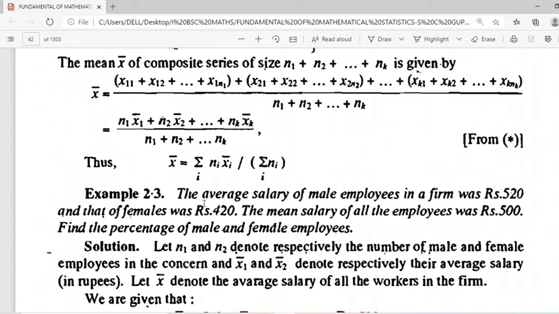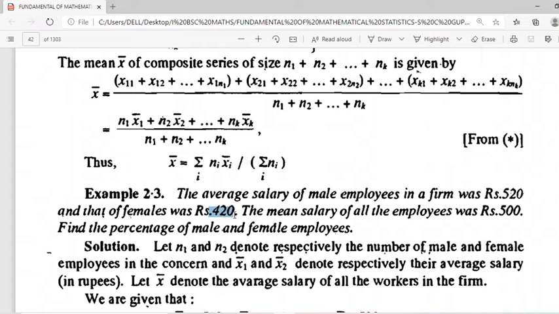The average salary of male employees in a firm was 520. So in this problem there are no observations. The only information is the mean of the male employees. There is no observation like the salary of person 1, salary of person 2, etc. They have given only the mean salary of male employees, and similarly the mean salary of female employees is given.